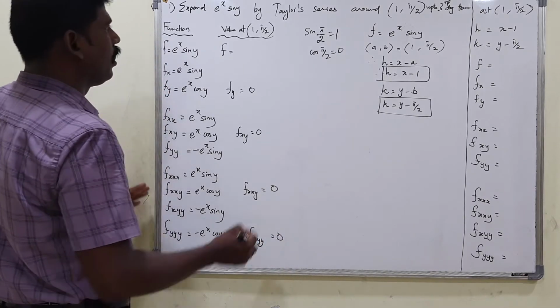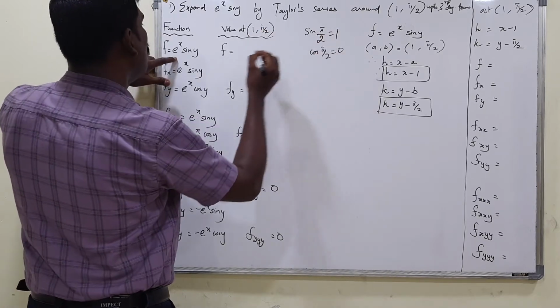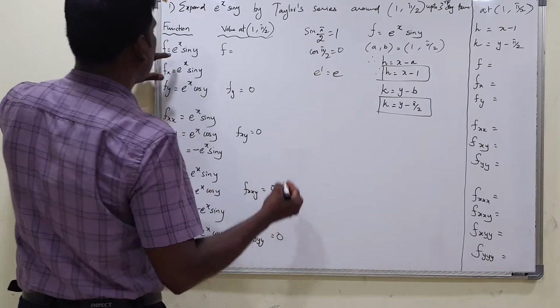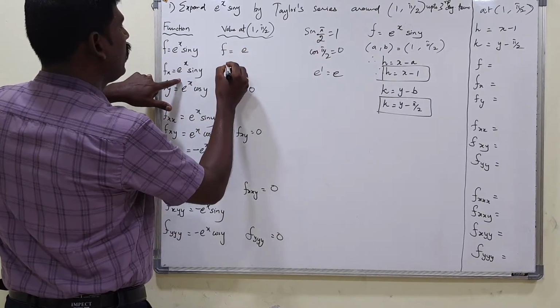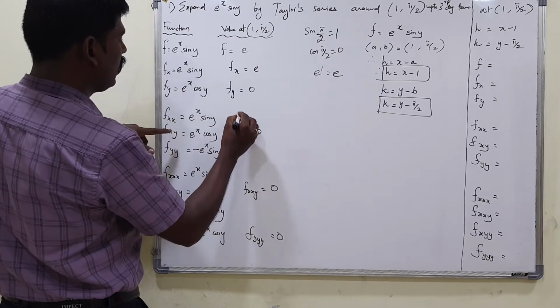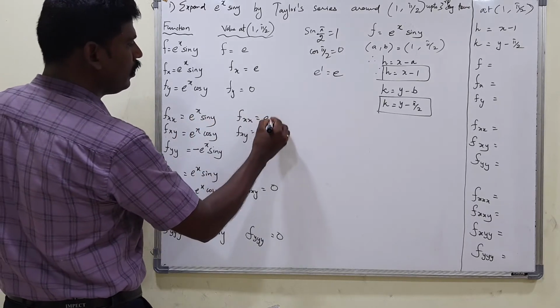So I am going to find the rest of the values of the function at (1, pi by 2). e power 1 is always e. So e into sin 90, which is 1, is e. Here fx is equal to e into 1, e. Here f double x is e power 1 into 1, e.